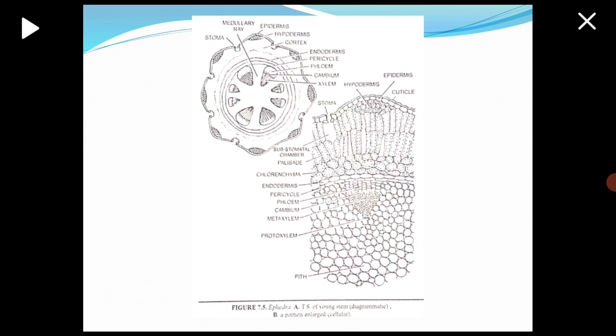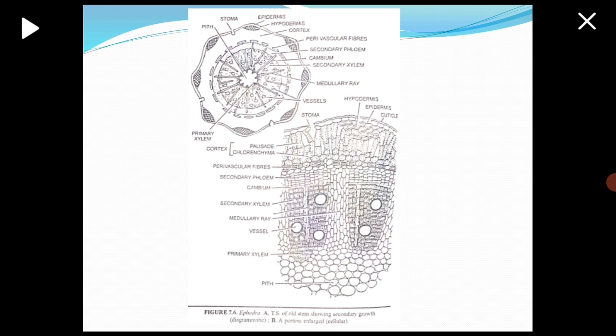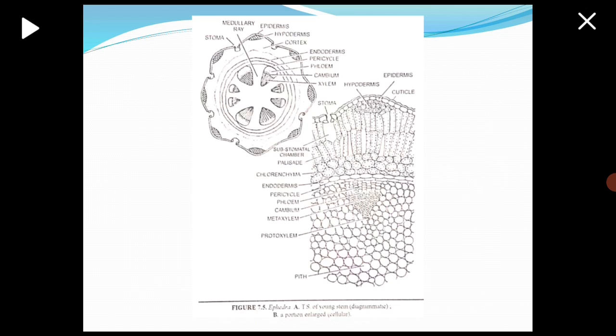The pericycle is not well marked. Inner to the pericycle is the vascular cylinder. The stele is ectophloic siphonostele or U stele.